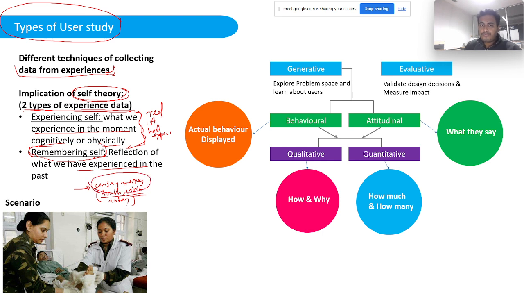For example, you may recognize the sound of a crow. For the sound of a crow, you do not have to put it in your short-term or long-term memory. The other types of memory are short-term memory and long-term memory. So these are the three types of memory we have.